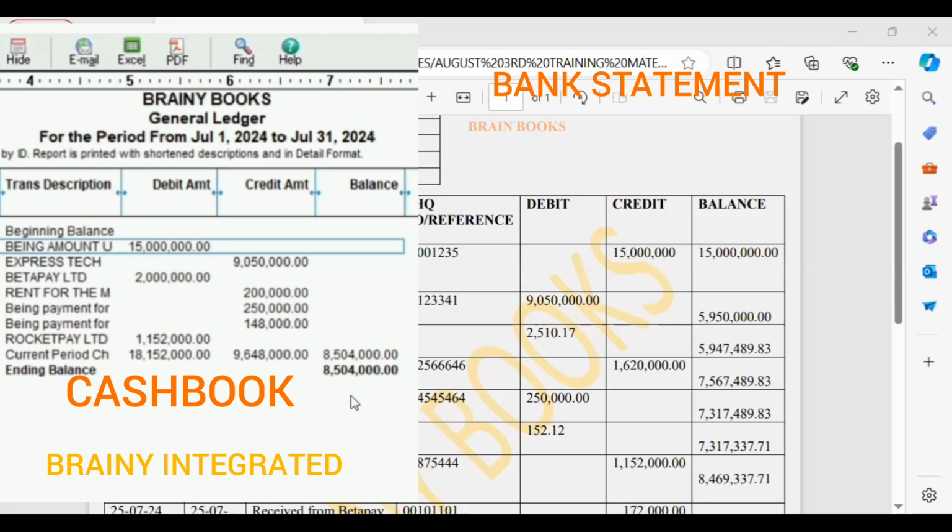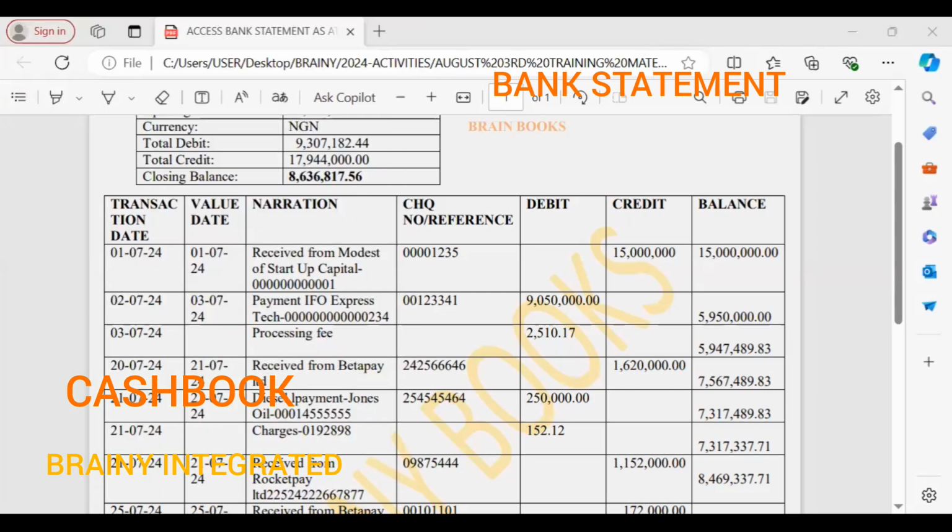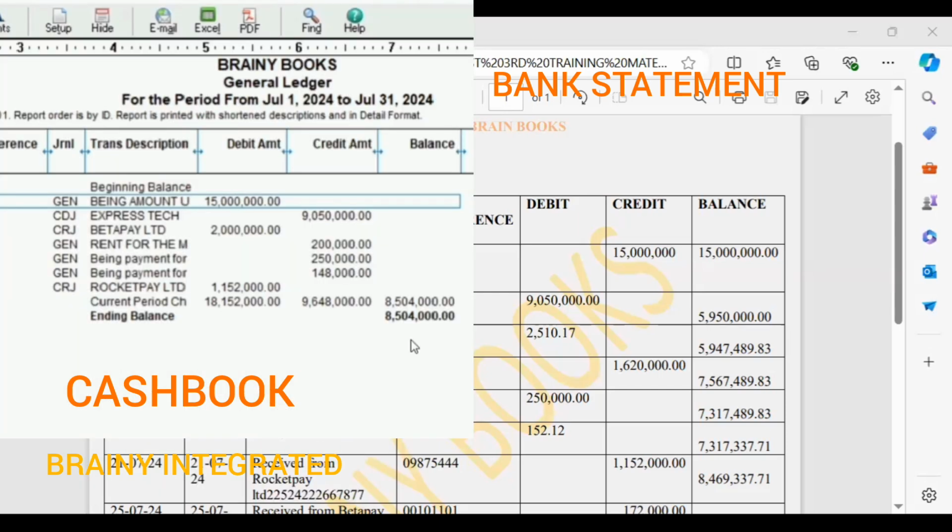There is 15 million naira there, right? Yes. 15 million naira was debited in the cash book because the money entered. That is what we used as our opening balance. So it's debited in the cash book, while in the bank statement it is credited, that is, it entered the bank statement.